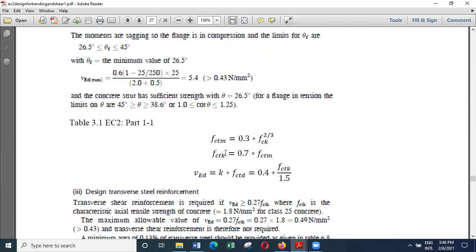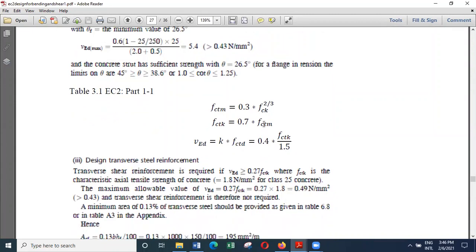and from that you can actually find the value of VED. So first we'll see what this value is, and that is 0.3 multiplied by 25 to the power 0.667. So you get a value of 2.56. 2.56 multiplied by 0.7 is 1.79 or 1.8.